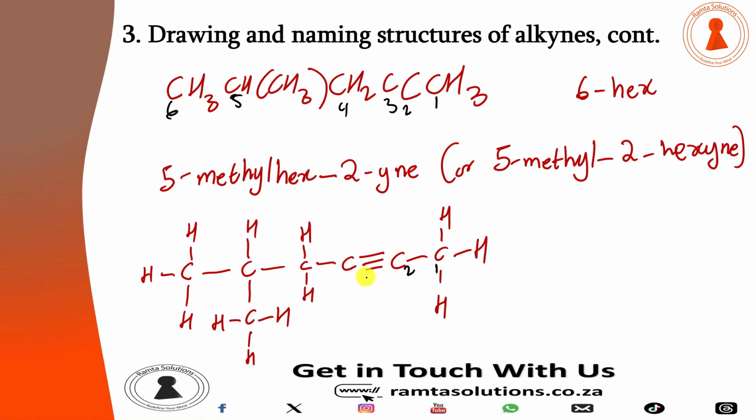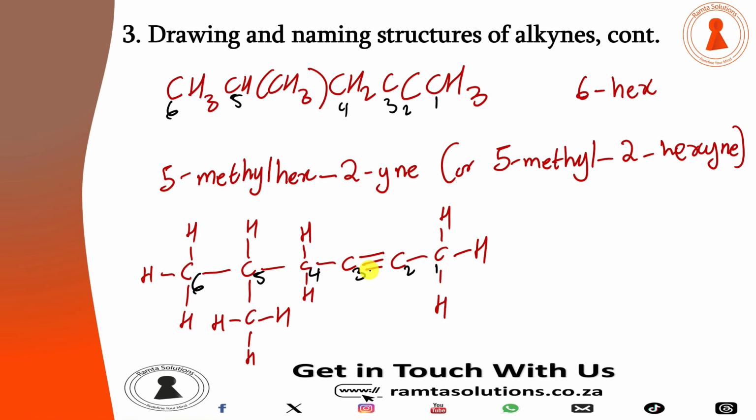1, 2, 3, 4, 5, 6. It doesn't matter, so I'm going to go with this 6. Because if I go 1, 2, 3, 4, 5, 6 from the left, this end is not nearest the triple bond.